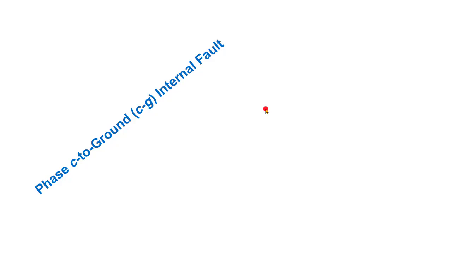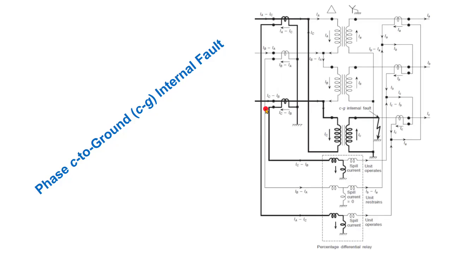Before starting, let us see what we discussed in the last class, in the last slide. We considered a delta star transformer, and in it we considered an internal fault, that is from phase C to ground.